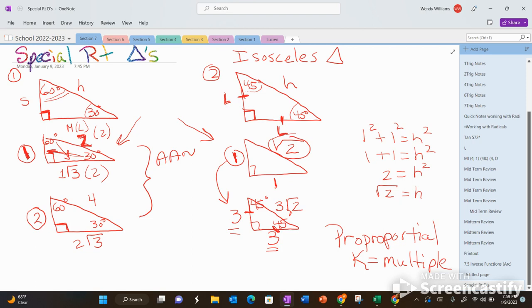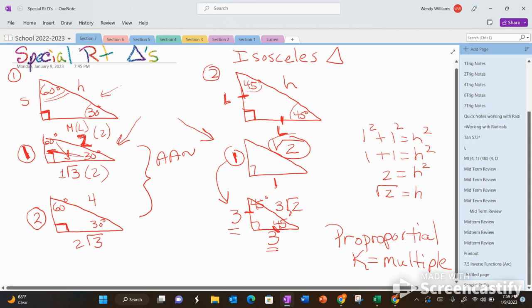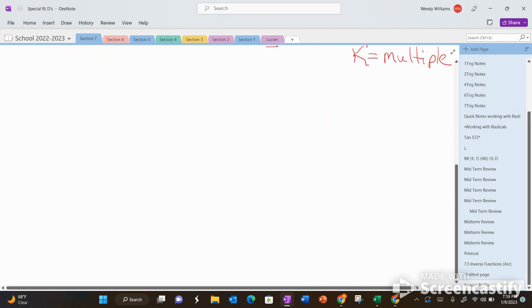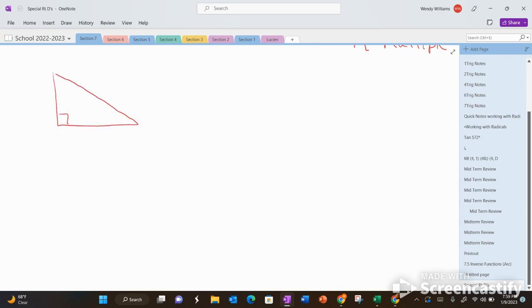Every time you get a 30, 60, 90 or a 45, 45, 90, I want you to draw the triangles. So here we go. On your paper, I want you to draw, and it doesn't really matter which area the 30 or the 60 goes.